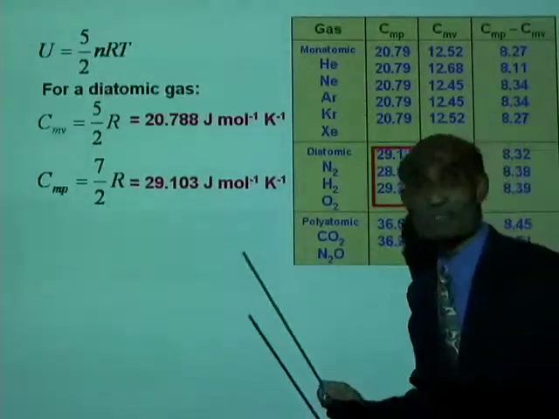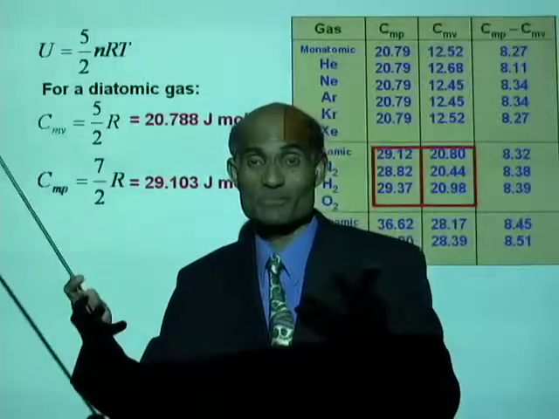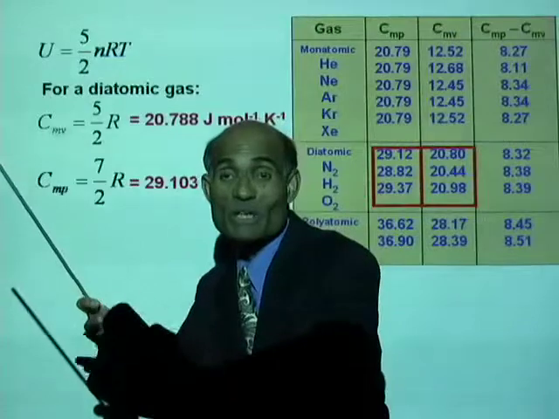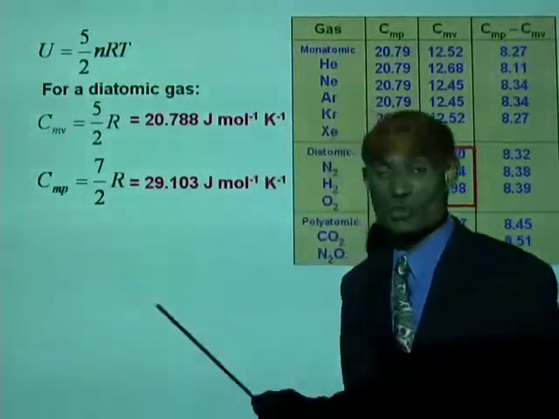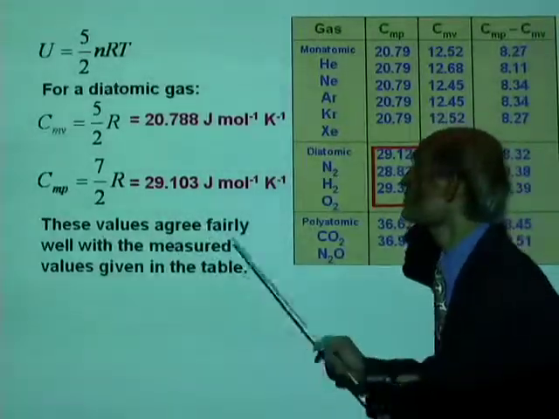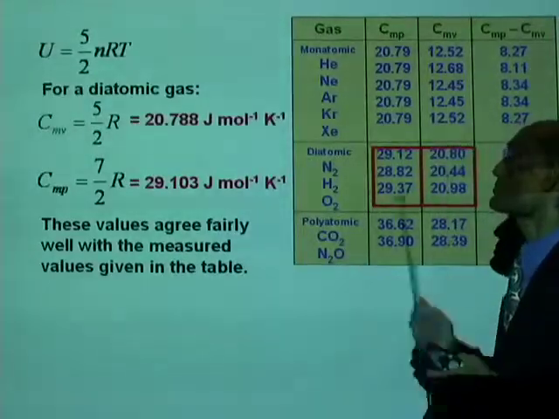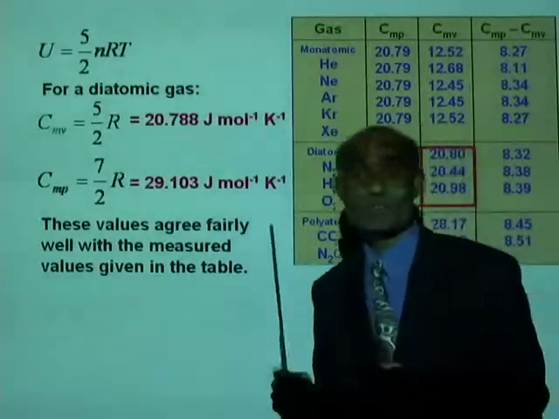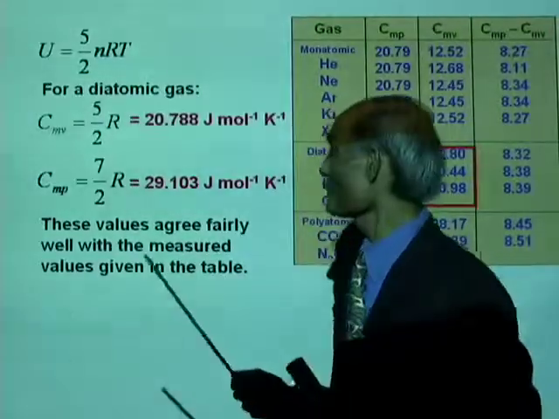So we didn't have to do a lot of big corrections. As soon as you figure out what we omitted, we are back in business again. So our theory is actually very, very good. These values agree fairly well with the measured values, and therefore our theoretical considerations are based on solid grounds now.